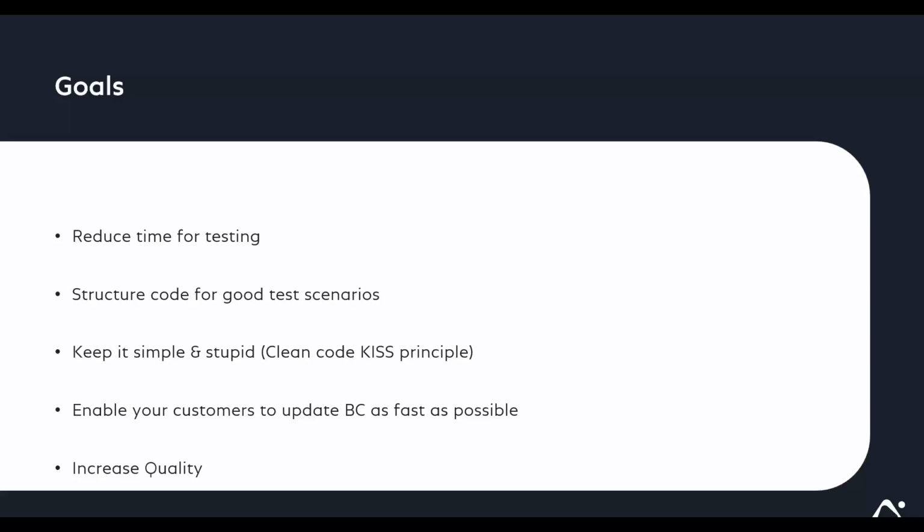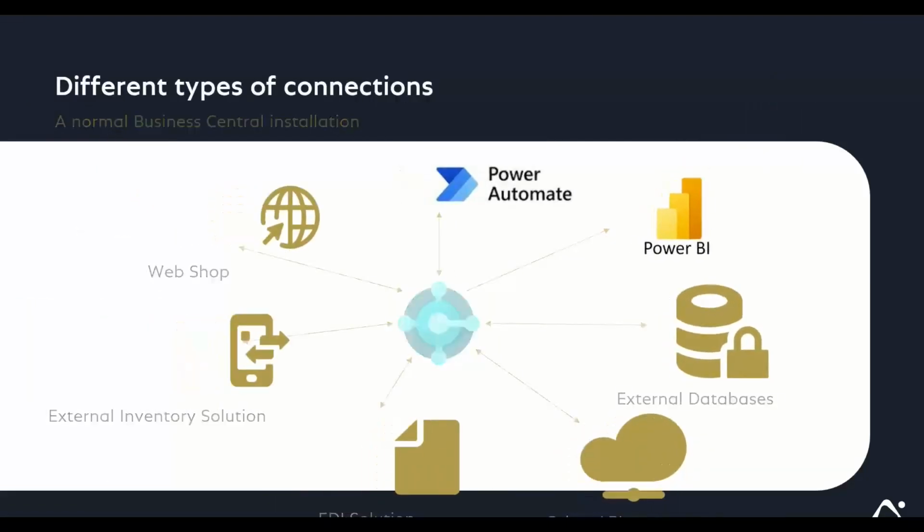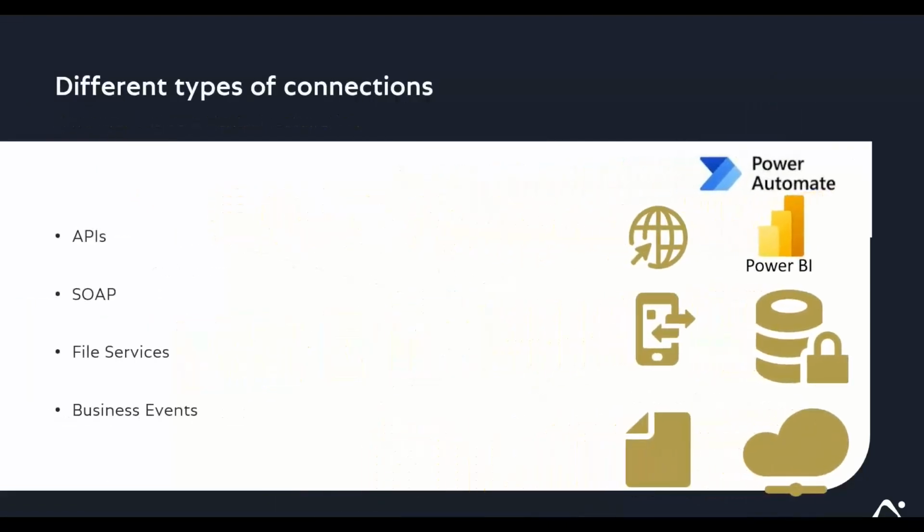When we think about all these connections, there are different types of connections. We have APIs, which are using REST and JSON. We have the older SOAP connections, which are using mostly XML, and web services, so HTTP.